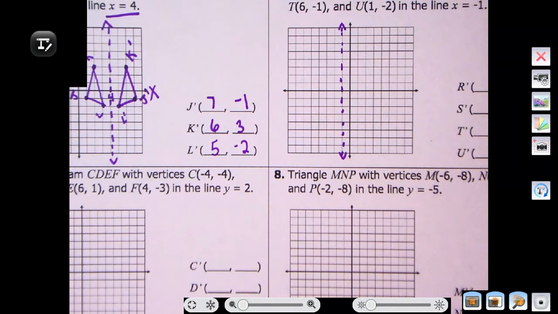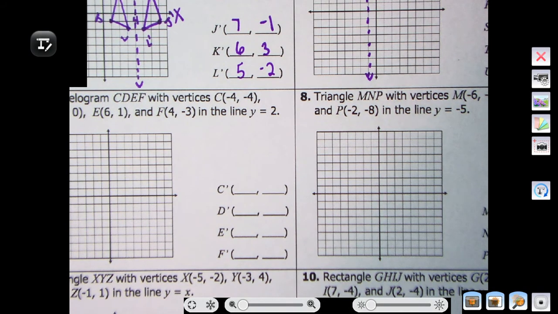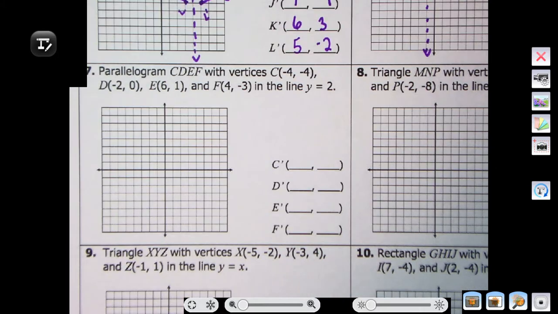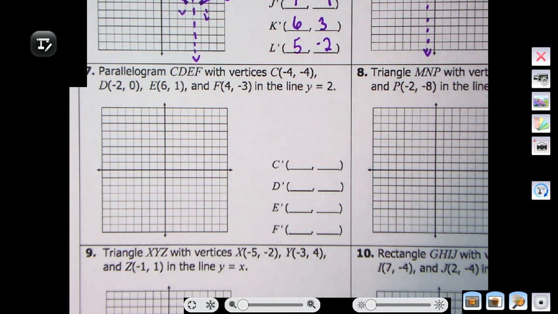I want to show you what it looks like when we're reflecting over a horizontal line as opposed to a vertical line. So I'm going to be reflecting CDEF, a parallelogram, over the line y equals 2.